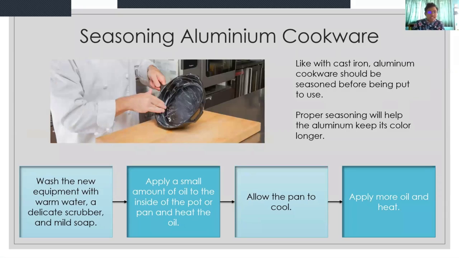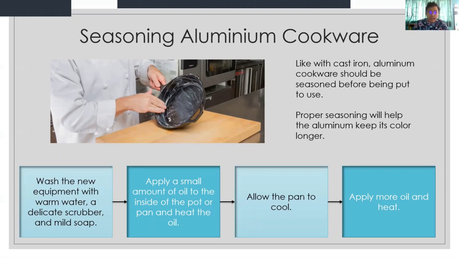Moving on, seasoning your aluminium cookware, like how we used to do with iron, will help the pots and pans last even longer. It acts as a protective measure to ensure that in the end the quality of food is at its best. There are four main steps to this seasoning process. First, we should wash the new pot or pan with warm water, scrubbing it with a soft scrubber and some mild soap.